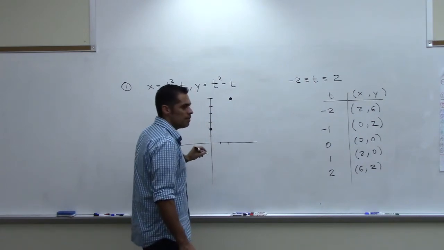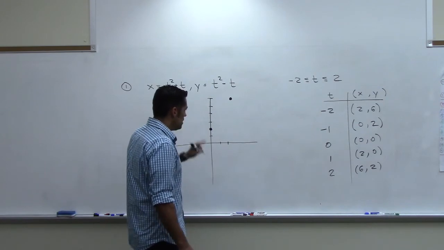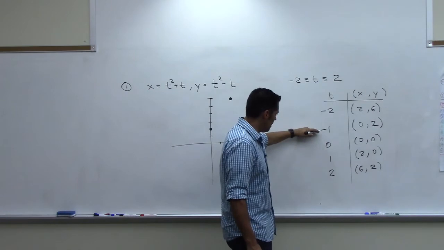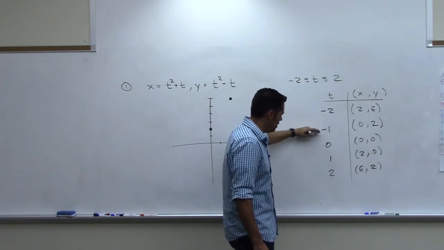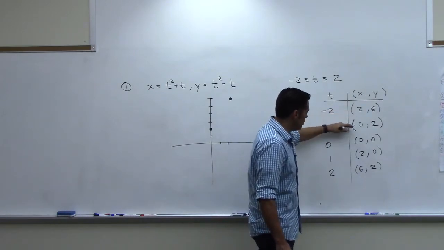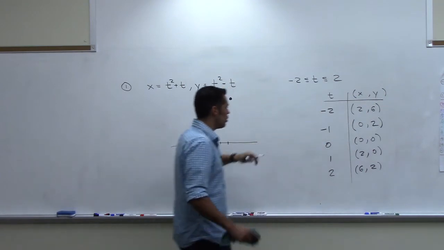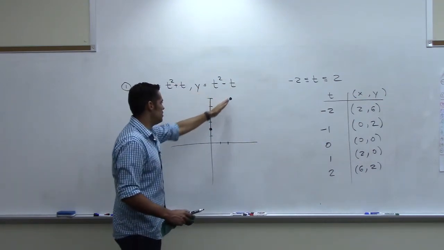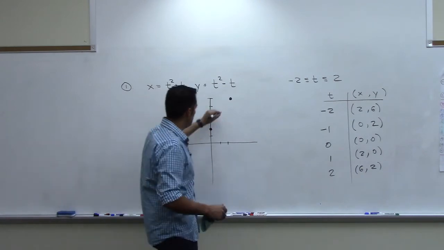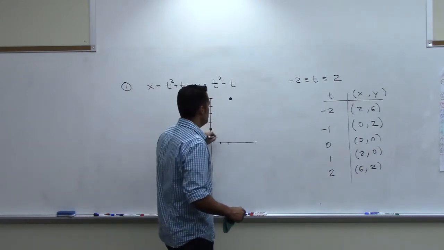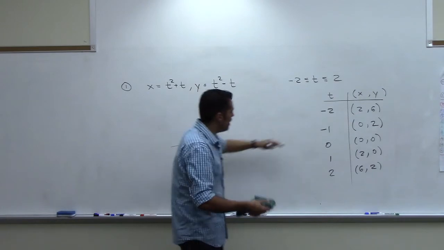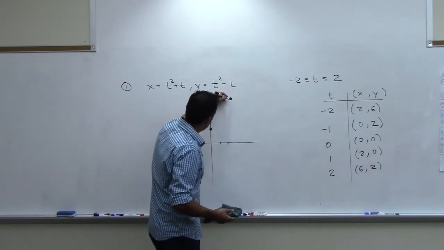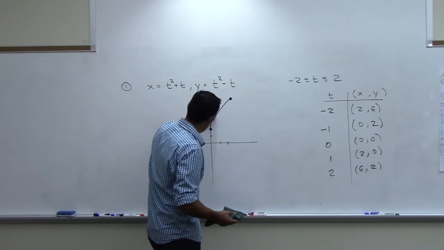Now, we want to remember that as t changes from -2 to -1, we're going from this point to this point, and it should be a curve. These are both parabolas, so it's not a straight line. So we have some sort of curved shape connecting these, okay? If we did more values of t, we would get a better idea. But I'm just going to imagine that these are somehow connected with some sort of curve.